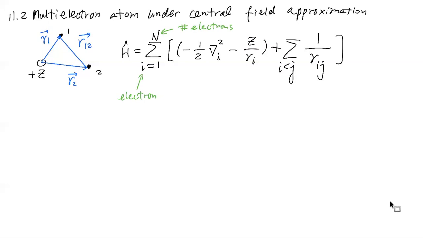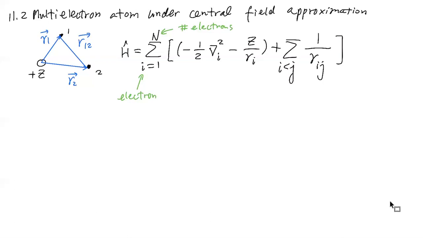This means when you do the summation, you only do 1,2; 1,3; 1,4; 1,5; 1,6, etc. You do not do 2,1; 3,1; 4,1, right? You eliminate half of the terms in the summation because you do not want to double count the Coulomb interaction.